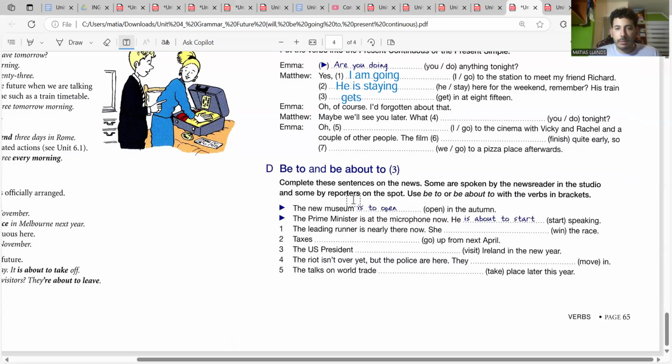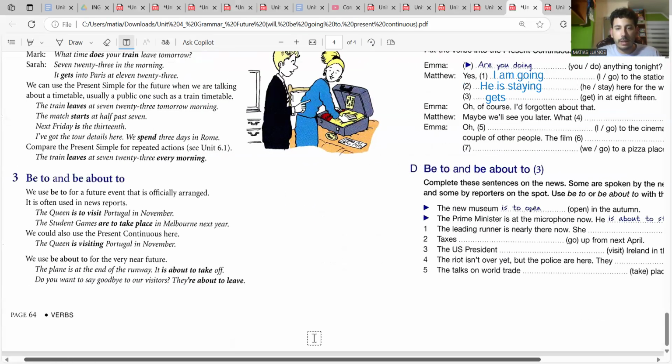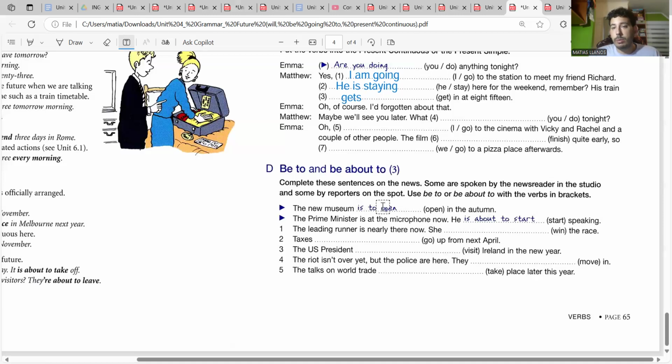And lastly, be to or be about to. So for this one, the new museum is to open in the autumn. This is because it's like a report about something, you know. It's like a news report that it's to be open. The Prime Minister, he's at the microphone now. He's about to start speaking.